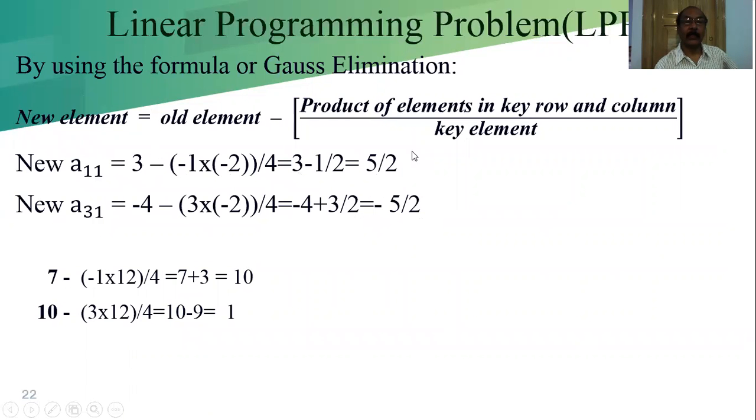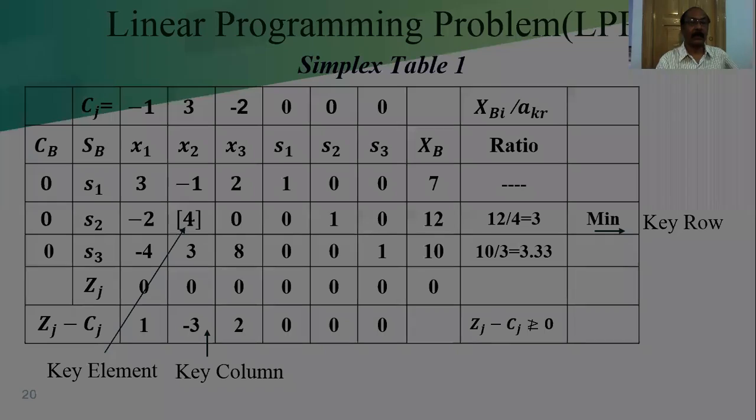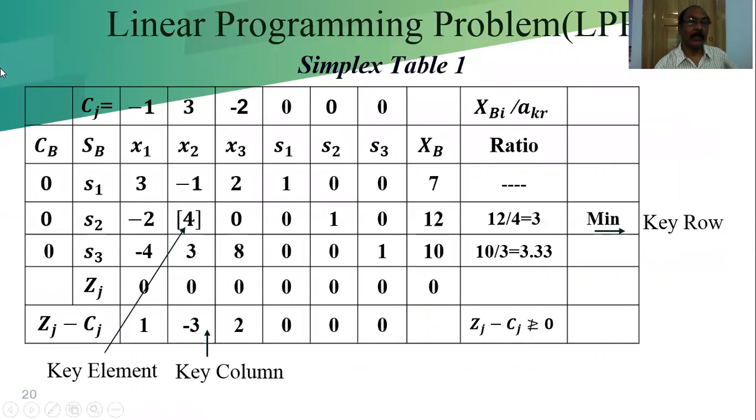These are the calculations. Few calculations is that A11 will be 3 minus. If we check it, A11 and A31, check it. A11, 3. This 3. So 3 minus corresponding element is minus 1. This 2. That means it is positive. 3 minus half. That means 5 by 8.